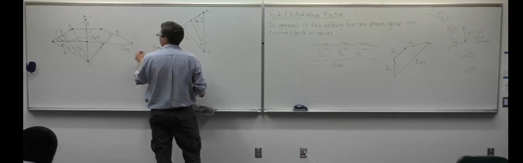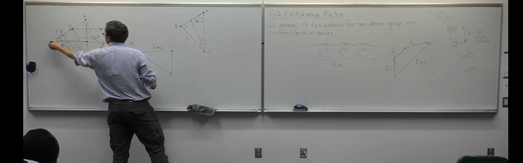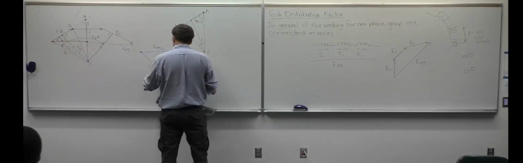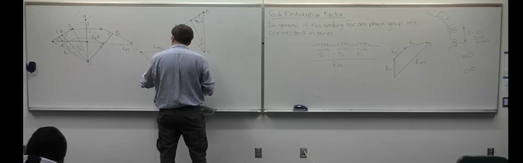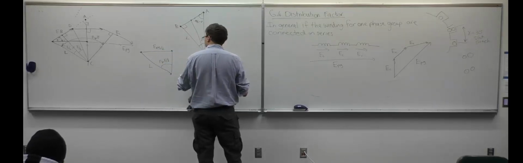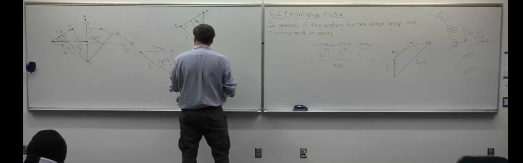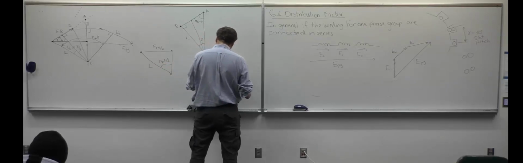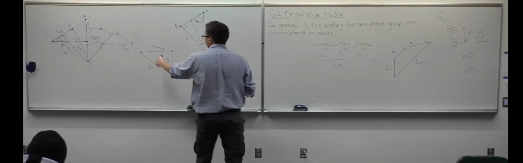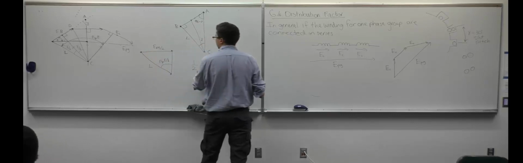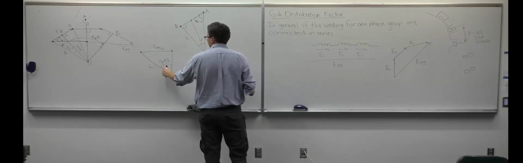So this from here to here is EPG over 2. This is L. This part here is NP alpha over 2. So then we end up with half EPG, and this is L, and this is the angle.